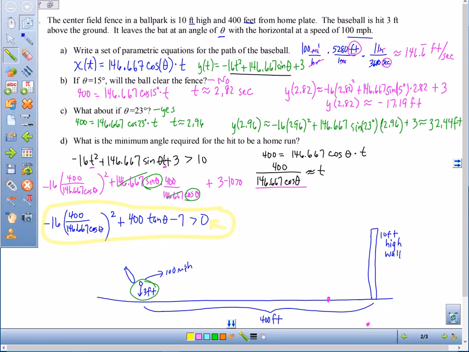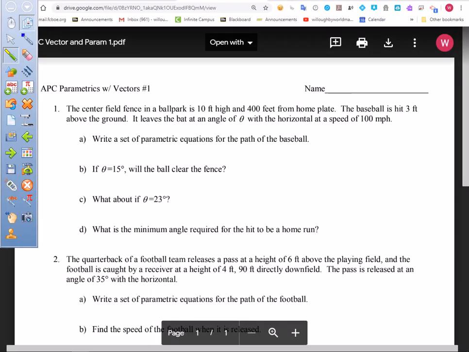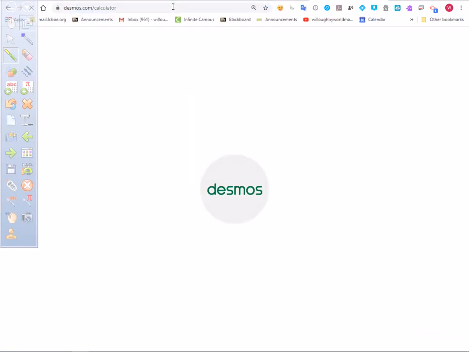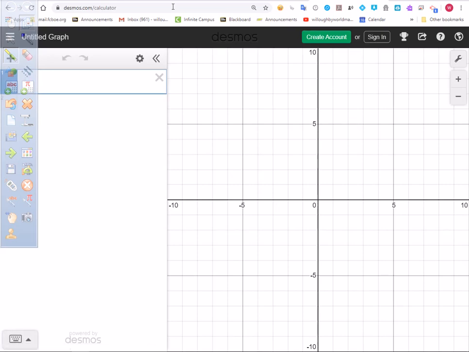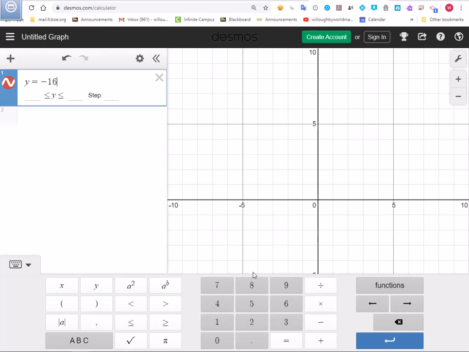Be patient with me just for a second because I don't think I have it opened. We will open a new window, go into Desmos, type that in, and see what we get. All right, so our equation was y equals negative 16, and this is going to be a little crazy, but we can type this in, no issues. We're going to open our parentheses, and we're going to do division here in just a second.